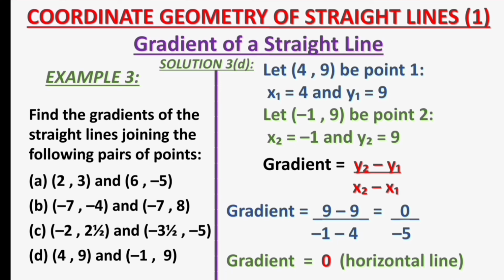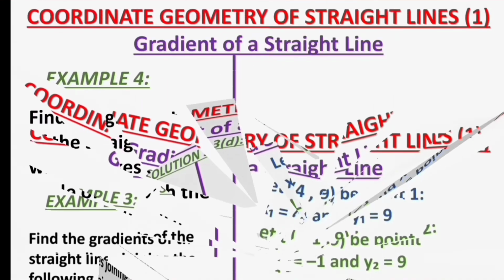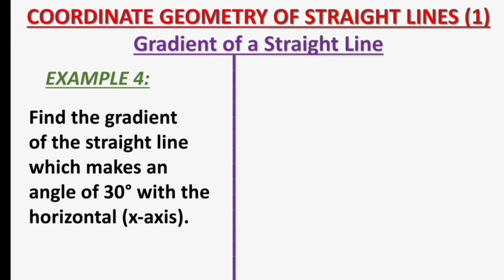Please take note of all the solutions to example 3a, b, c and d. Let's see our last example involving the gradient of a straight line. Example 4. Find the gradient of a straight line which makes an angle of 30 degrees with the horizontal or x-axis.